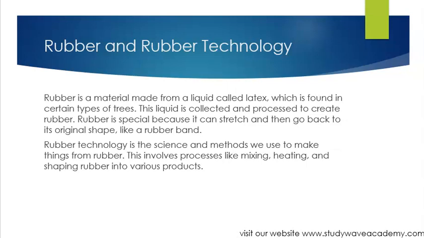Okay, so rubber technology involves how we take the raw rubber from trees or make synthetic rubber in a lab and turn it into useful things. This can include mixing different things, chemicals with rubber. Okay, so now we know the meaning of rubber and rubber technology, right?